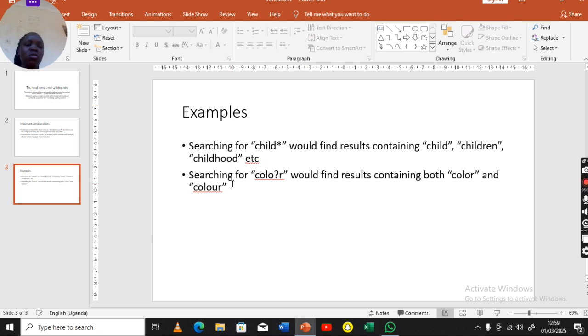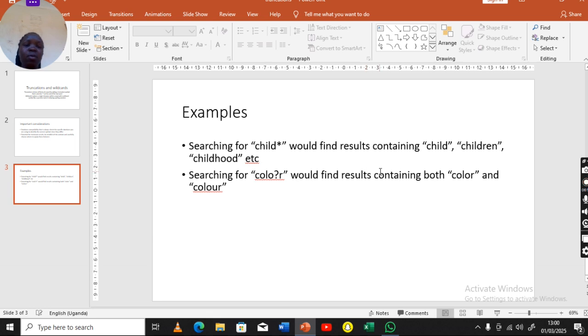Then when you're to use wildcards, we use a question mark. So, let me take the example of the word color, and we put a question mark here in the middle before the R. You'd find results for this spelling of color, and then you can find results for this other spelling.